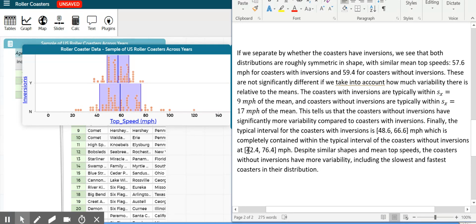Again, that's this mean minus the 17 miles per hour and then plus the 17 miles per hour there. Despite similar shapes and mean top speeds, the coasters without inversions have more variability, including the slowest and fastest coasters in their distribution.